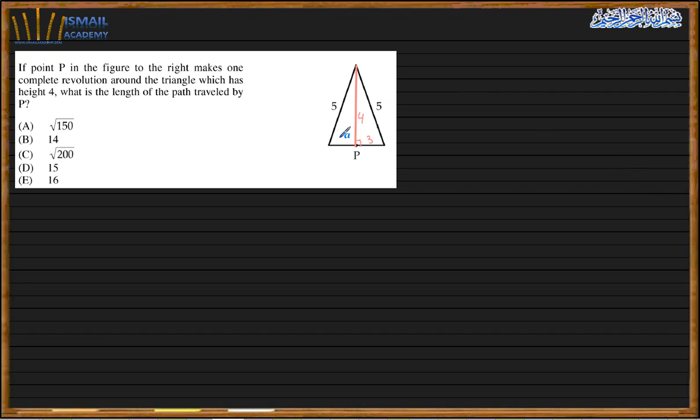This one will also be 3. Now what is the length of the path traveled by P? It is the whole perimeter, so I just need to add the sides: 5 plus 5 plus 3 plus 3, which is 16, and E is my choice.